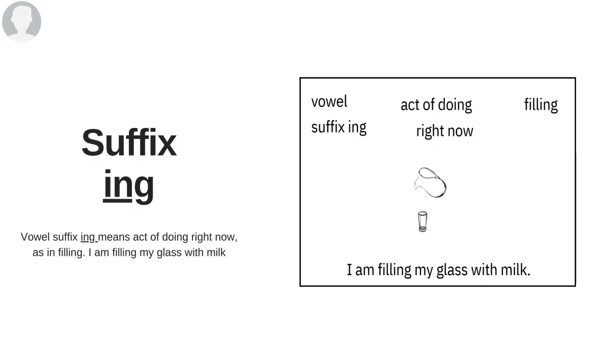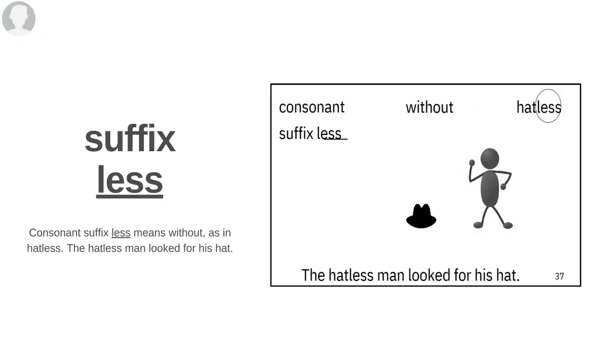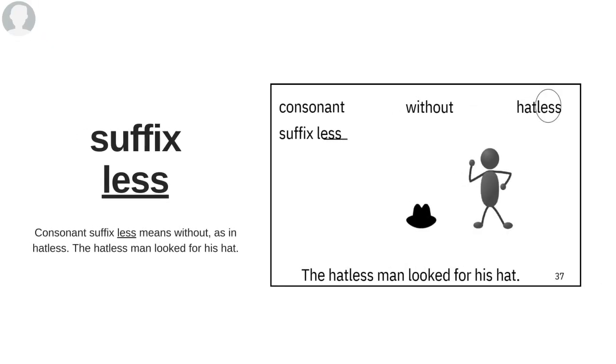Suffix ing. Vowel suffix ing means act of doing right now, as in filling. I am filling my glass with milk. Suffix less. Consonant suffix less means without, as in hatless.